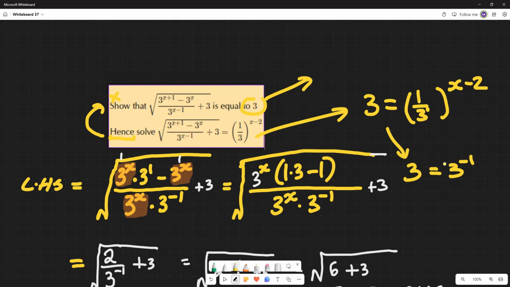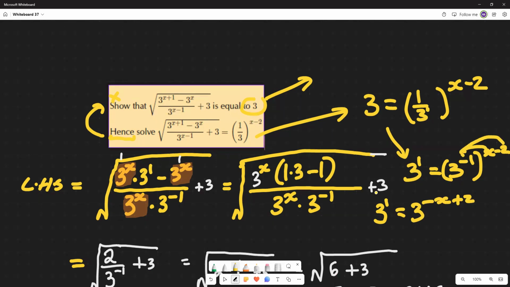And then here it's x minus 2. Now the bases can, actually let's do this first. It's 3 to the power 1 equals 3. Let's multiply everything by negative 1 there. We get this, right? It's minus x plus 2. Then the bases can fall off now. So you have 1 equals minus x plus 3 plus 2.